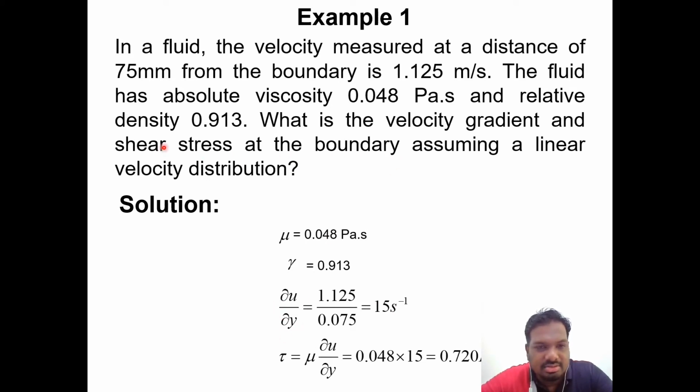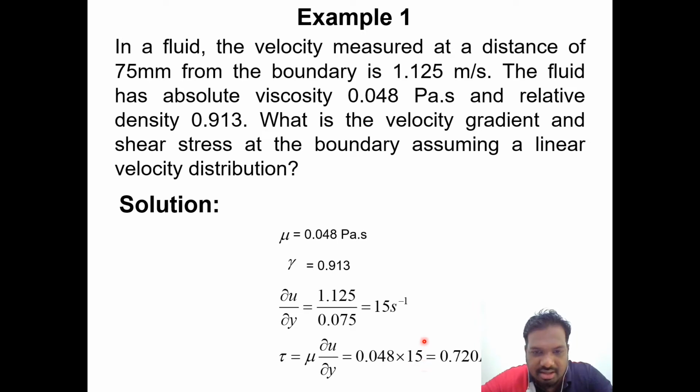Then they ask to calculate the shear stress. Shear stress is tau. Tau equals mu times du over dy. So du over dy we already calculated, 15 per second, and we know the value of mu. Based on that, we can calculate the shear stress, which is 0.048 Pascal second times 15 per second.